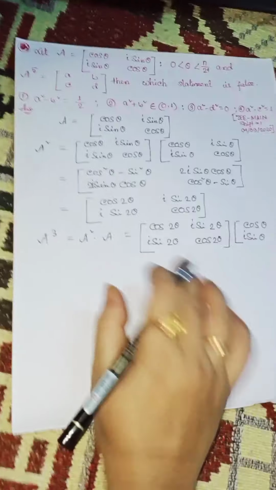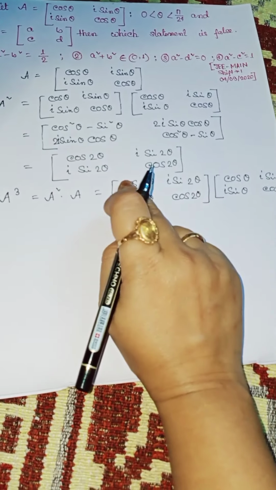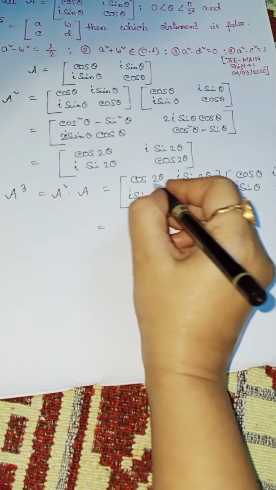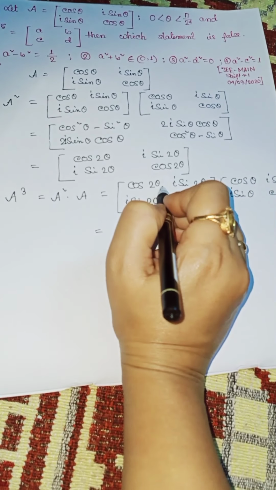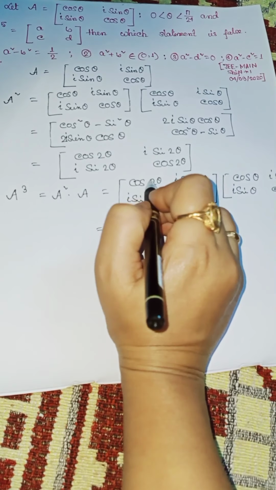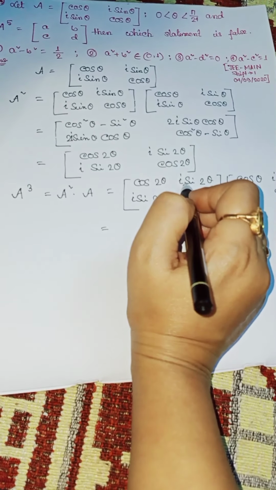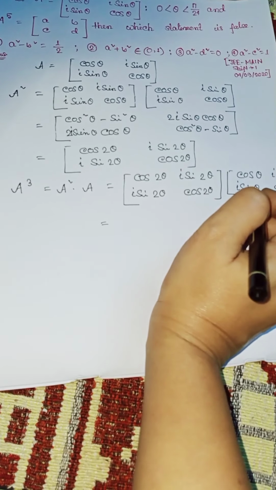So multiplying once again row and column, first row, first column: it is cos 2 theta cos theta plus i sin 2 theta times i sin theta, and it is minus sin 2 theta sin theta.